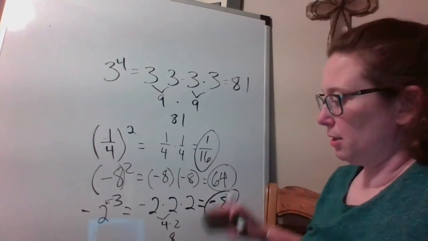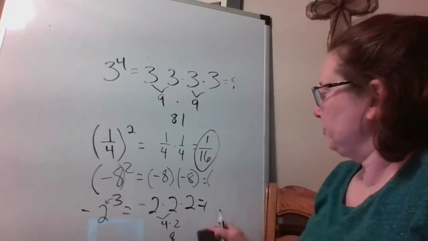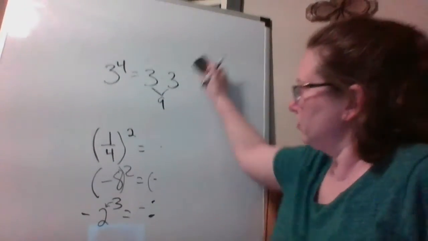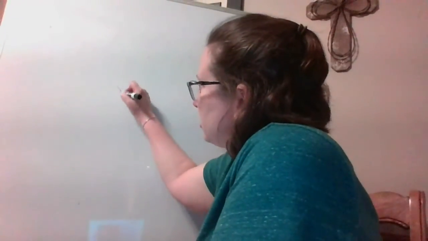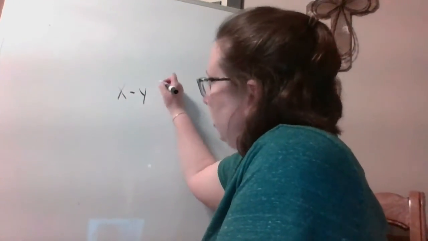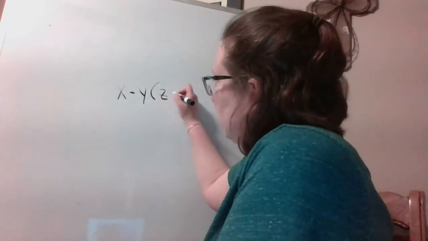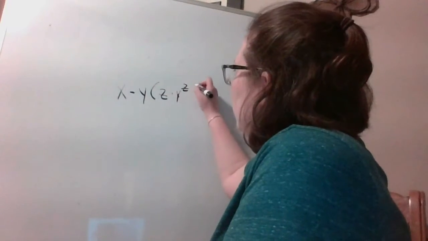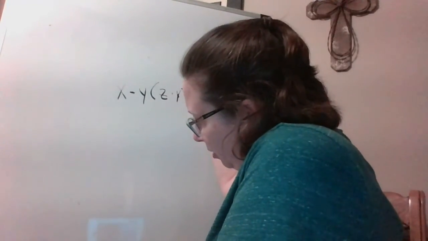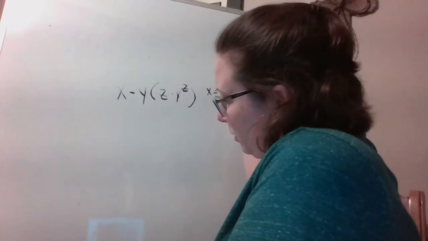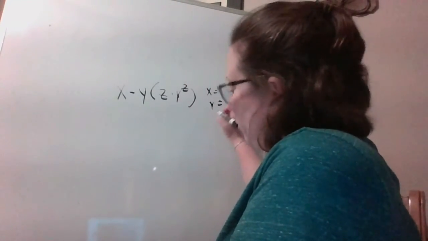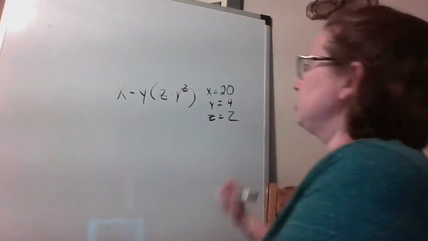The next example, example 3, we have, let's see, x minus y times z times y to the z power, and we are told that x equals 20, y equals 4, and z equals 2.